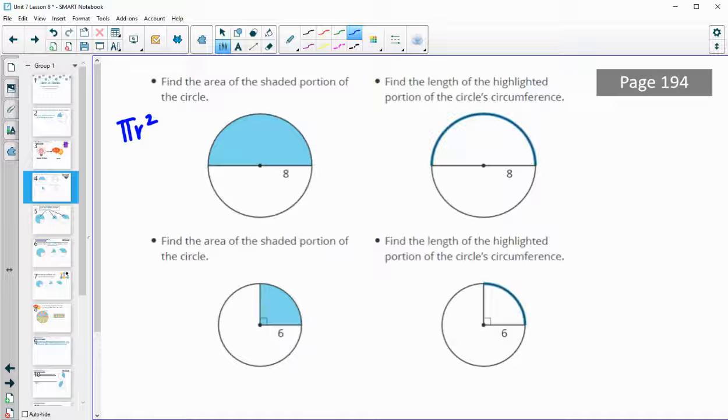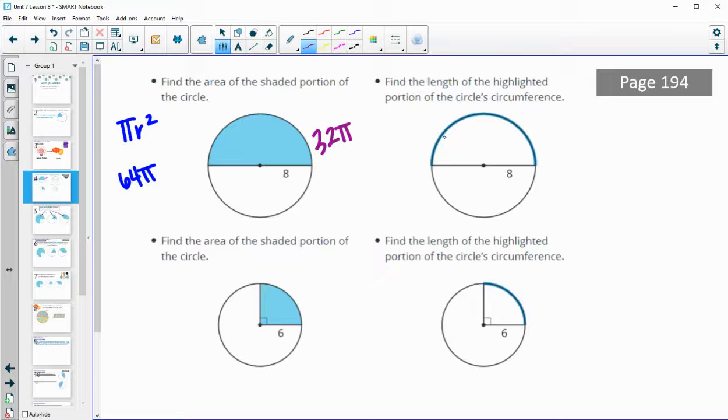In this case, we would be doing 8 squared, which is 64. So the whole area here would be 64 pi, and I'm just going to write this down so that you can see it as I talk about it. This would be the area of the whole circle, and then we have half of it. So we're only going to want half of 64 pi. Hopefully you came up with an answer of 32 pi.